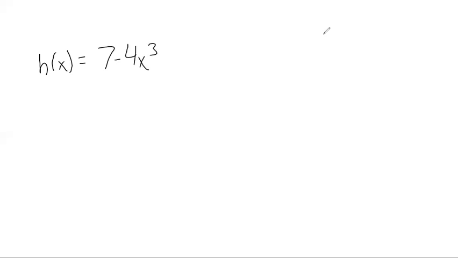First of all, they want to know what kind of function that is. Well, it's to the 3rd, so it's a cubic. The leading term is the term with the highest power. There's only one with a power: negative 4x cubed.